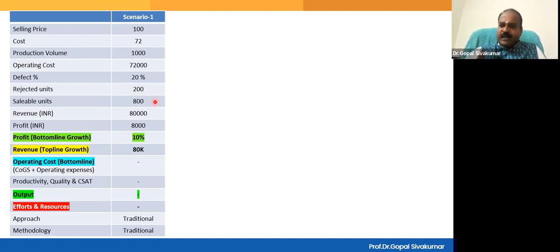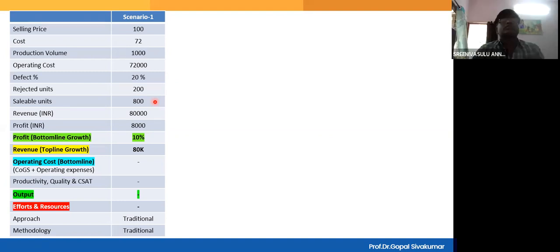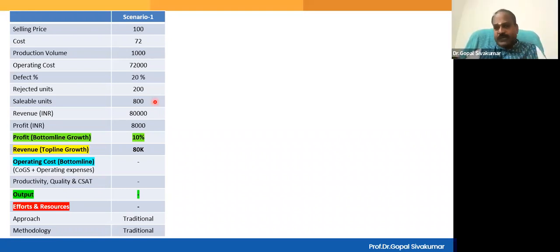Do you think this will pull down your profit? Yes, sir. Obviously, earlier we thought we will get a profit percentage of 28%. But because of the defects happening, our profit margin should go down. Let us see how it goes down. Now the revenue out of the sales: you are selling 800 pieces, each piece 100 rupees.